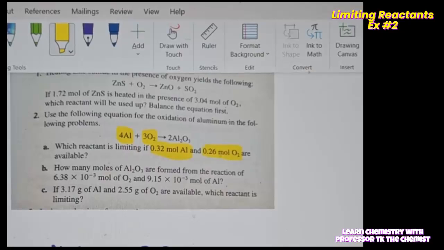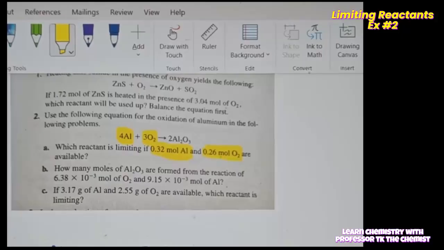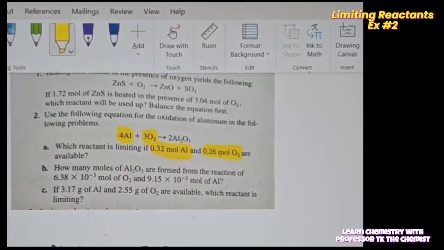If you look at letter B, okay, you've got how many moles of aluminum oxide are formed from the reaction of 6.38 times 10 to the negative third moles of oxygen and 9.15 times 10 to the negative third moles of aluminum.